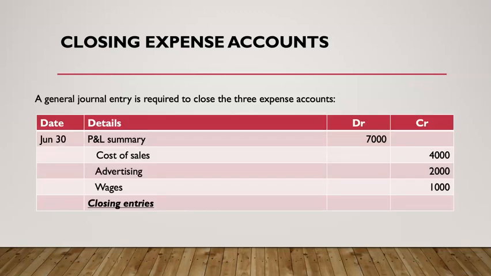You notice the credits are for cost of sales, advertising, and wages, and they're the same amount as the expense for that period. We've done a credit, so we need to do a debit. Accountants will say that. And we do this debit to our temporary account called P&L summary, which is our scorecard.